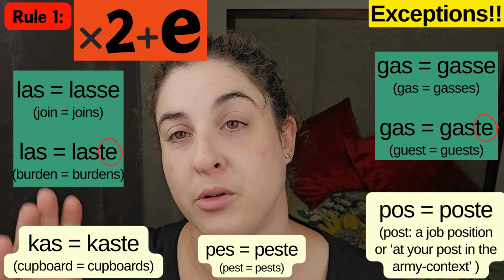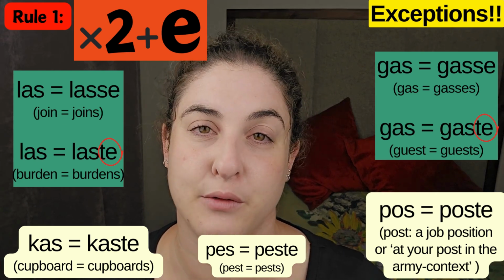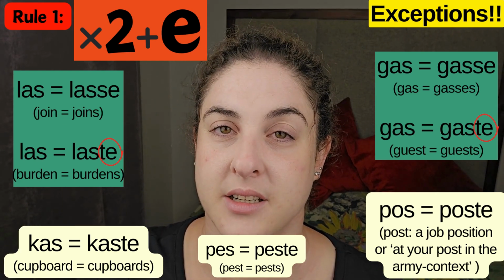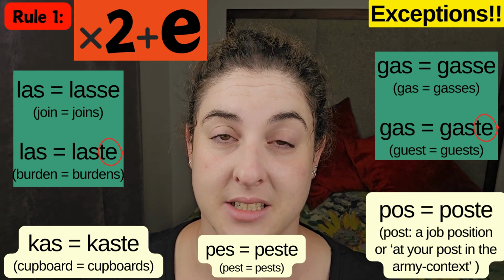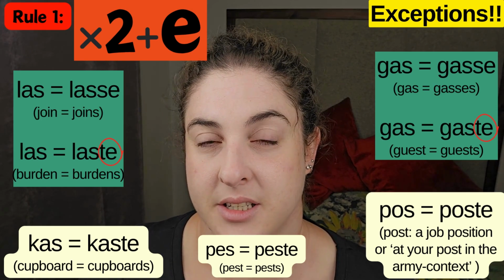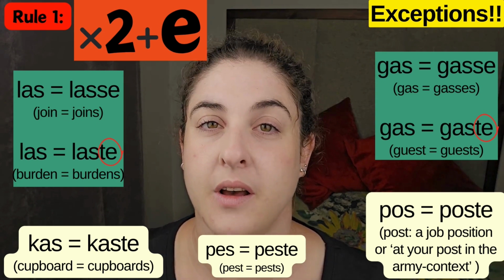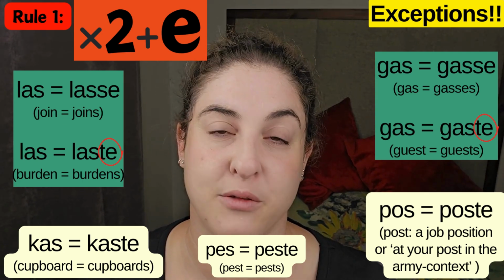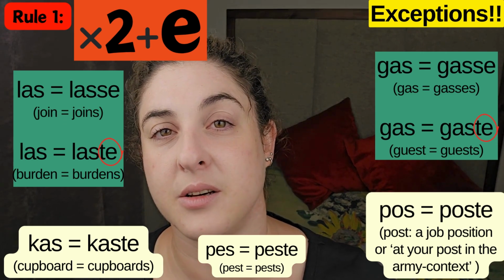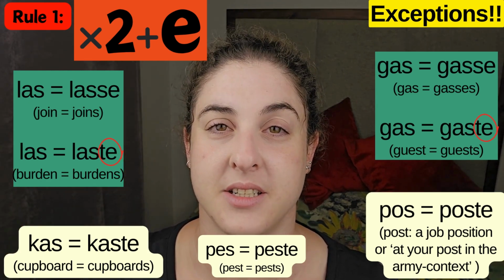Then on the right, we have the same situation where the singular form, gas, means gas, but also a guest, like a person, a guest in your house. So they discerned in the plural form. Then we have gas, gasse, which is the plural for gas, as in greenhouse gases.